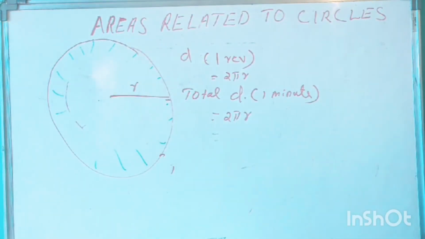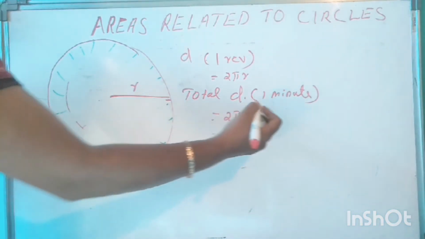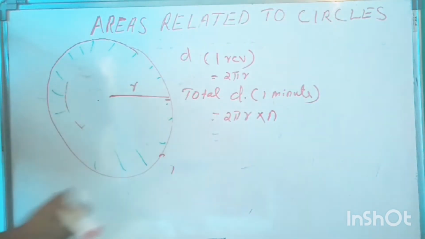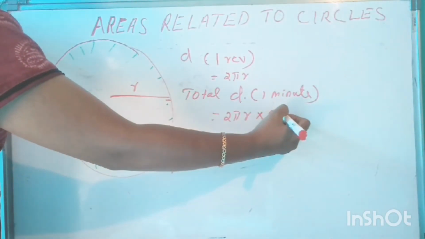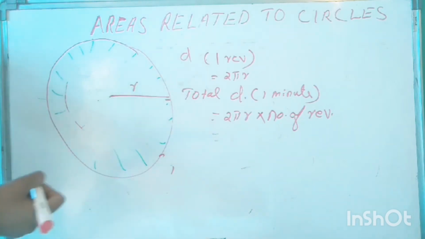And in 1 minute, if it completes n revolutions, then 2 pi r into n revolutions.